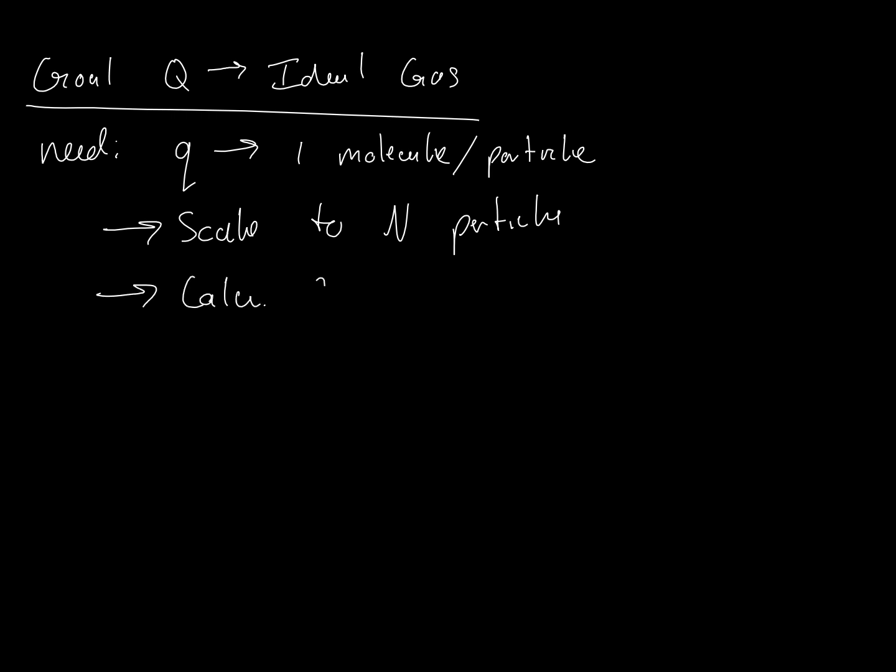We're going to calculate the Q, and then calculate the internal energy. There are a few bookkeeping items that we have to take care of before we can accomplish this task, but that's our plan to work through today.